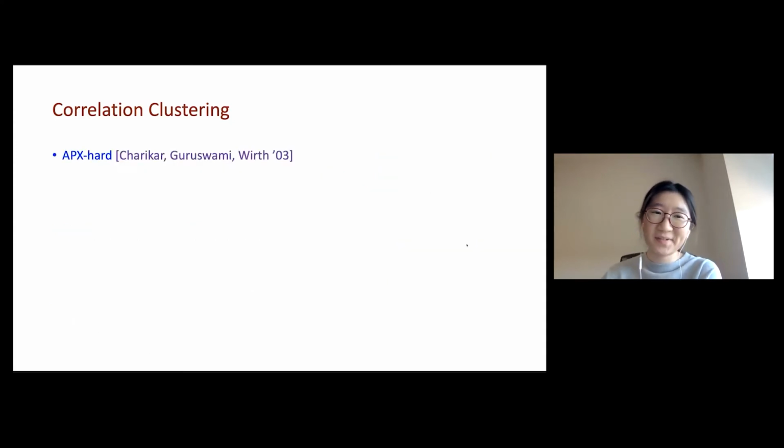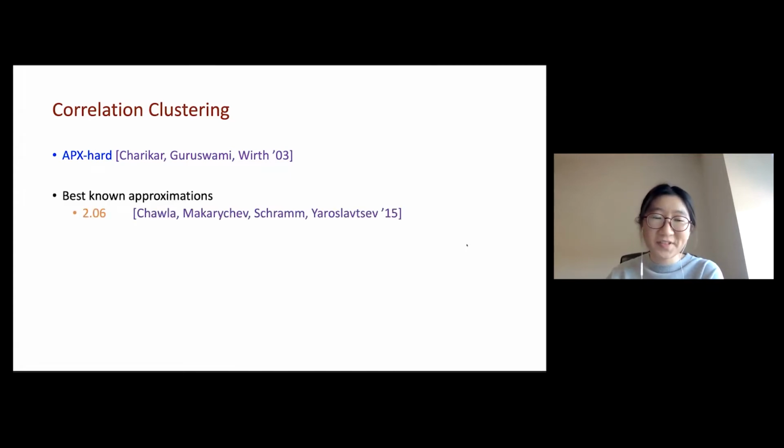So what do we know about correlation clustering? It's APX hard. And then what about the approximations? There's this LP rounding based algorithm, which achieves an approximation factor of 2.06 by the work of Chawla, Makarychev, Schramm, and Yaroslavtsev.